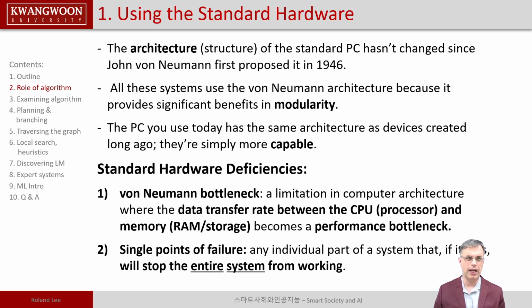Most AI projects you create will at least begin with standard hardware because modern off-the-shelf components provide significant processing power, especially when compared to components from the 1980s, when AI first began to produce usable results.